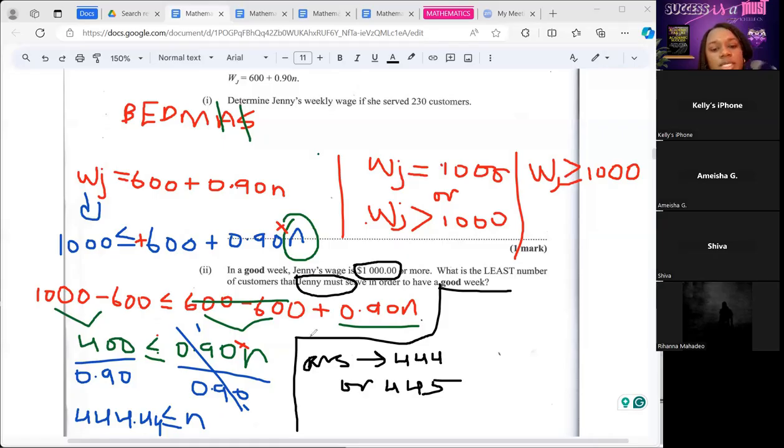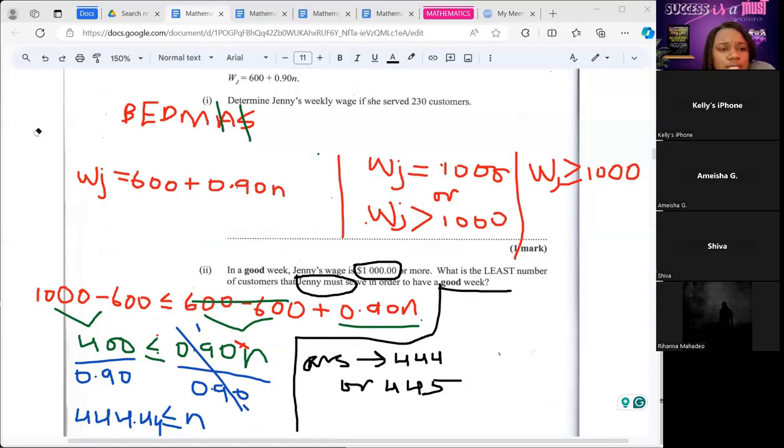So what you'll do is plug it into the original formula here. If you want to test, because I think some people had the 444, we just take this information here and multiply it by the 444 and see.